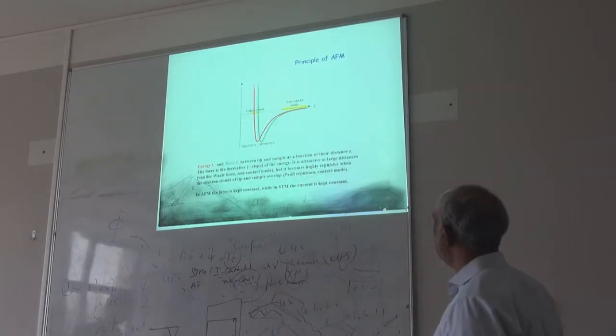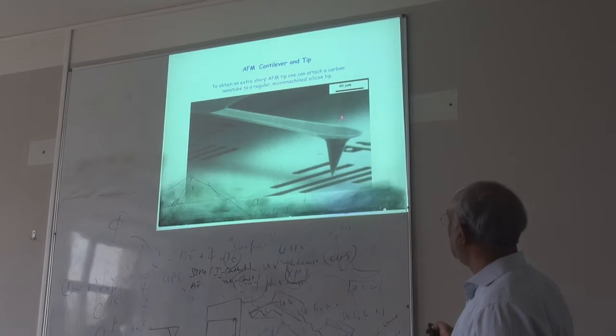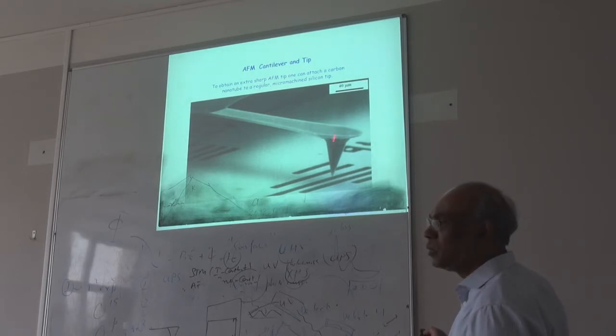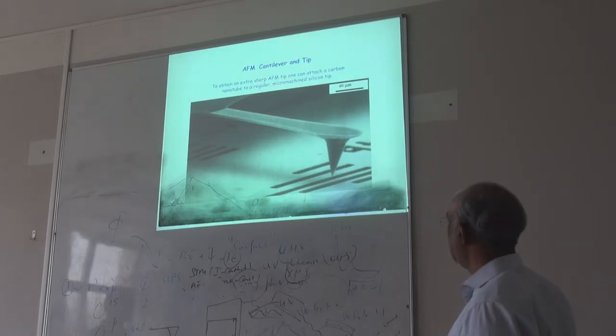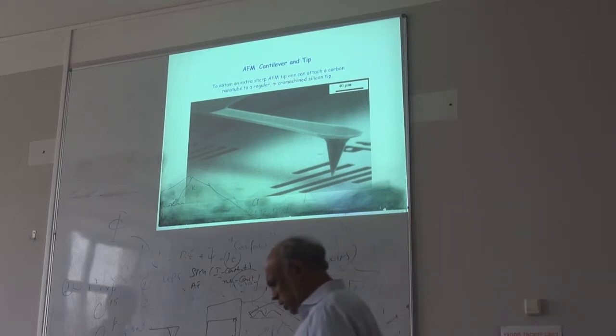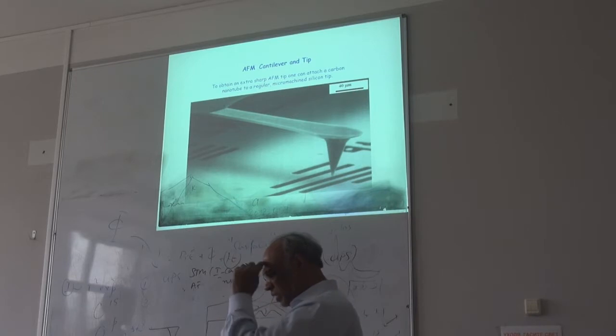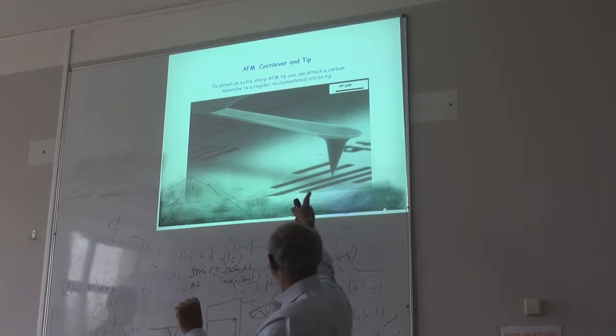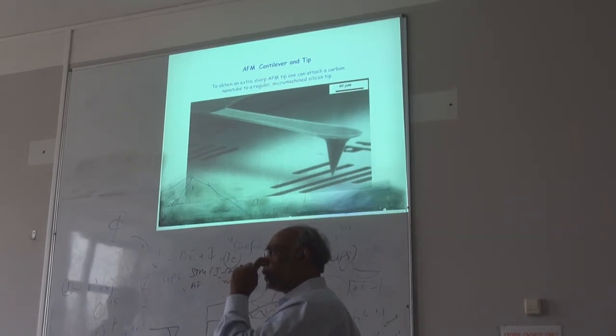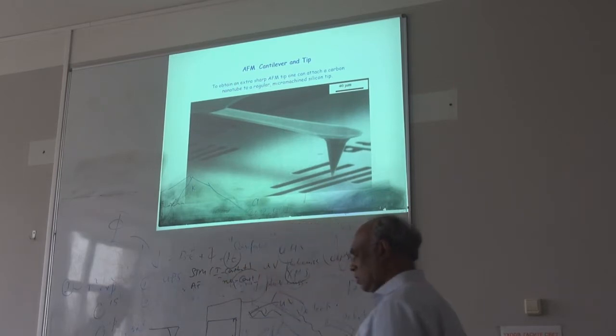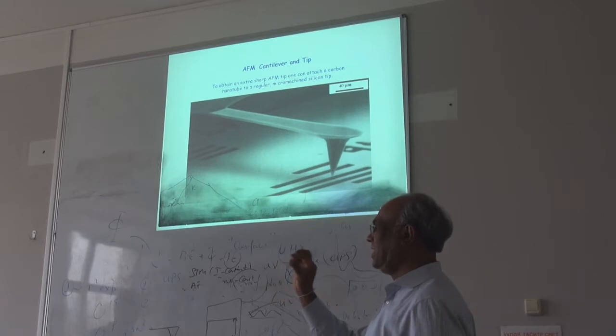Usually this is how cantilevers look when you buy them. What's the price? This we recently bought. You can get about 10 of these tips for less than $100. They are only tips, really small, right?